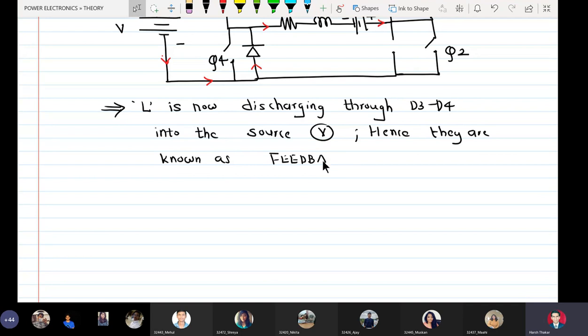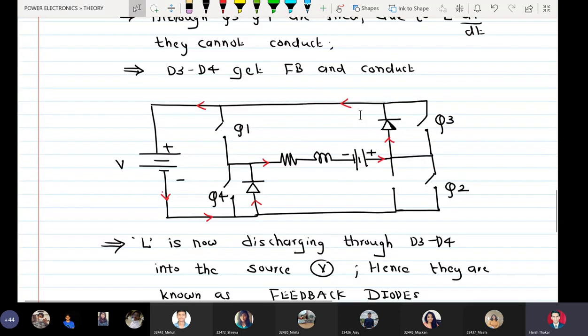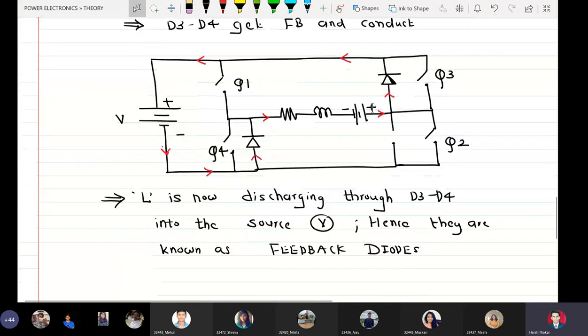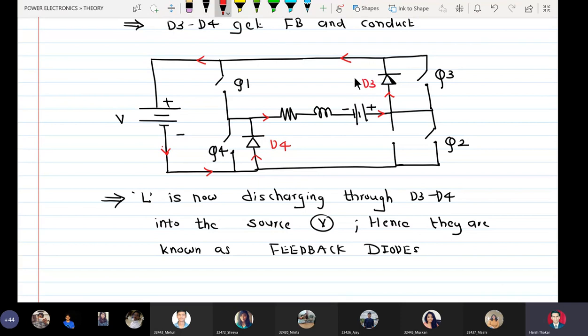Okay, not freewheeling. Why not freewheeling? Freewheeling diodes only will freewheel the energy, but they will disconnect the load from the source. So here the inductor is forward biasing the diodes D3 and D4, but it is actually pouring energy into the source. Please understand one thing, that this is diode D4, this is diode D3. That is why they are known as feedback diodes.